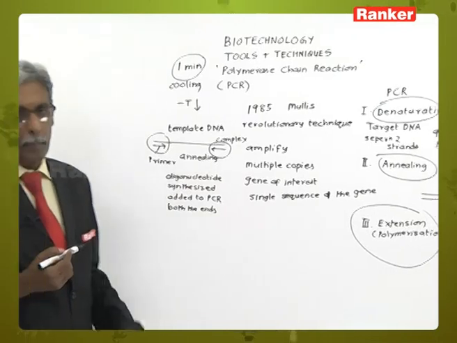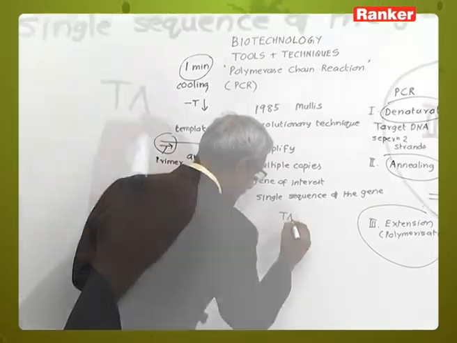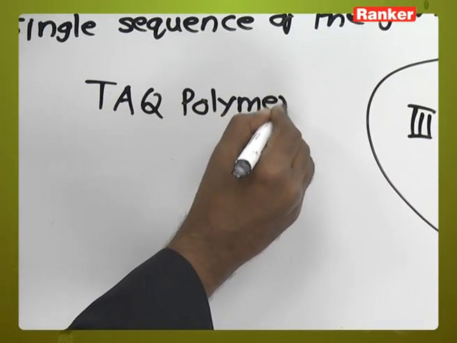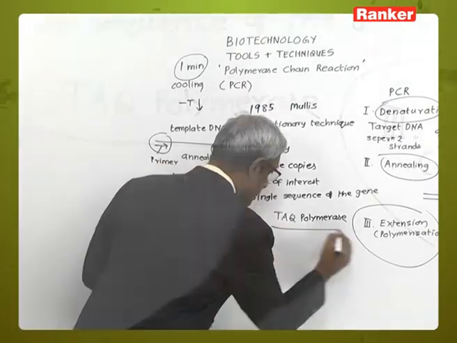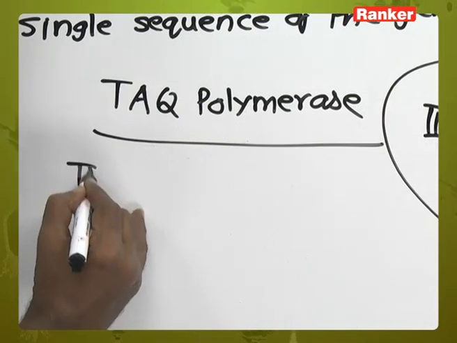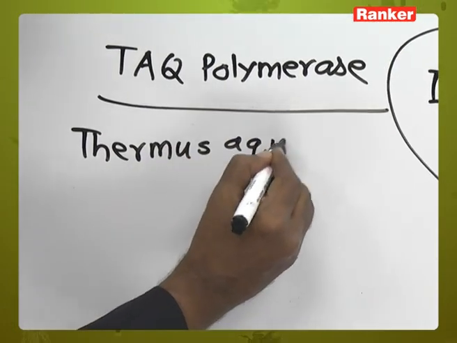In extension or polymerization, we have a very important enzyme called Taq polymerase. It is derived from the microorganism called Thermus aquaticus.